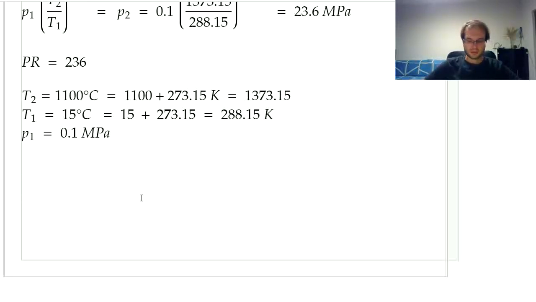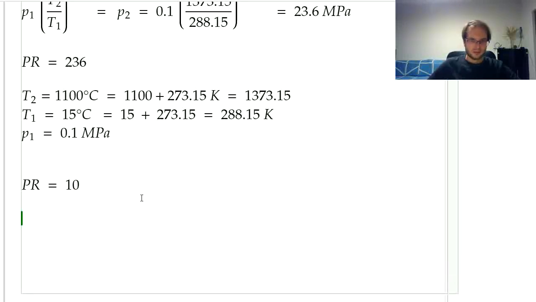Now let's do a calculation for an illustrational pressure ratio, which would be, let's say, 10, and we will get the Brayton cycle parameters: heat input, heat output, work input and work output.